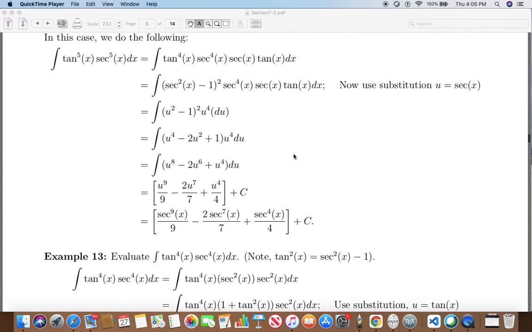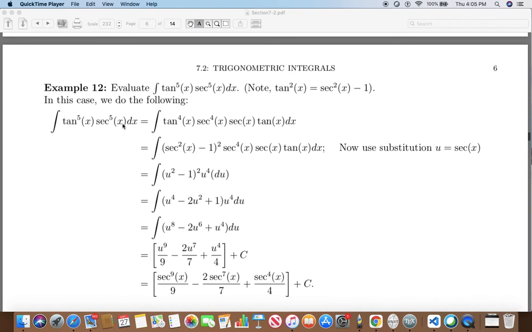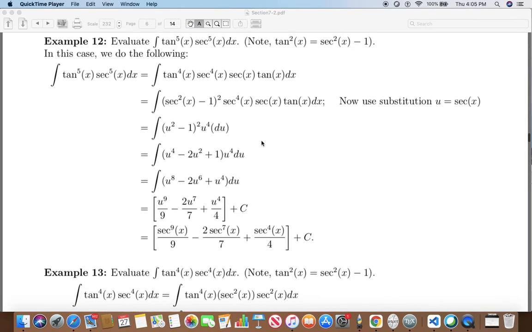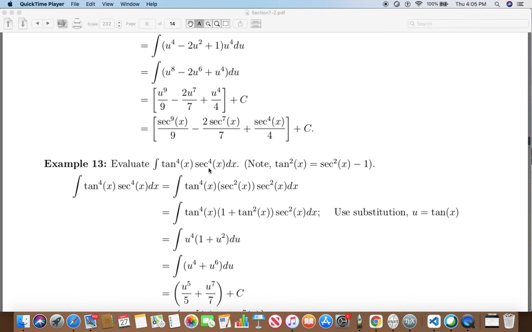So here what did we do? We took one secant, one tan out. So mind you, if you have odd numbers, you would do this. But if you have both even, that's the strange one. You remove secant squared.